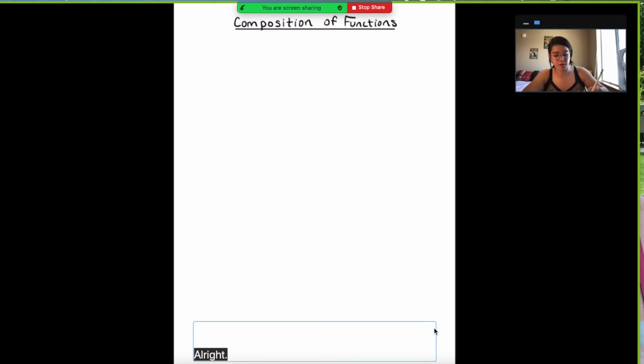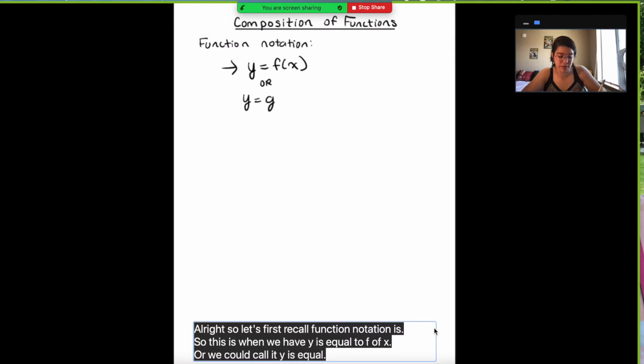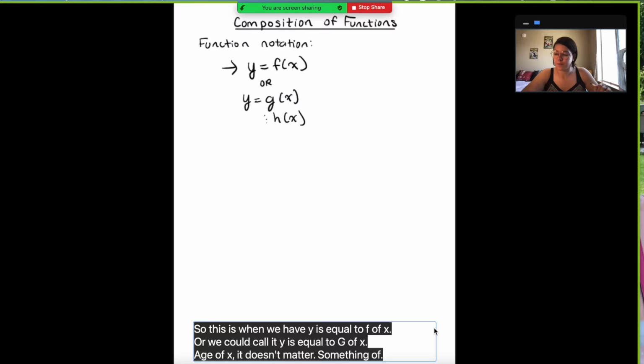Alright, so let's first recall what function notation is. This is when we have y is equal to f of x. Or we could call it y is equal to g of x, h of x, it doesn't matter. Something of x.